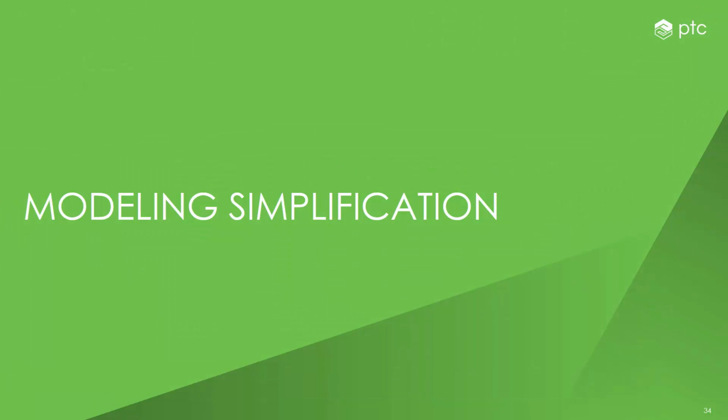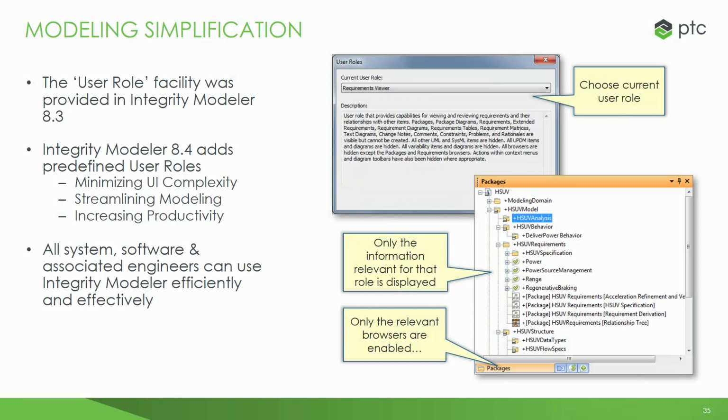SysML and UML are very powerful modeling languages, but the downside is that they can be quite complex, and this could make using Integrity Modeler quite challenging. So what we provided in Integrity Modeler 8.3 was the ability to use user roles to simplify the menus and the contents in Integrity Modeler.